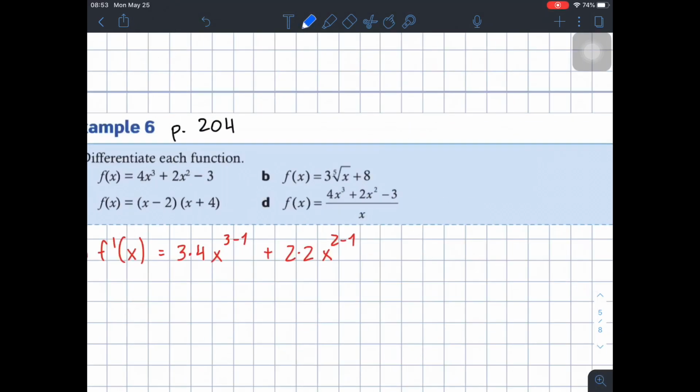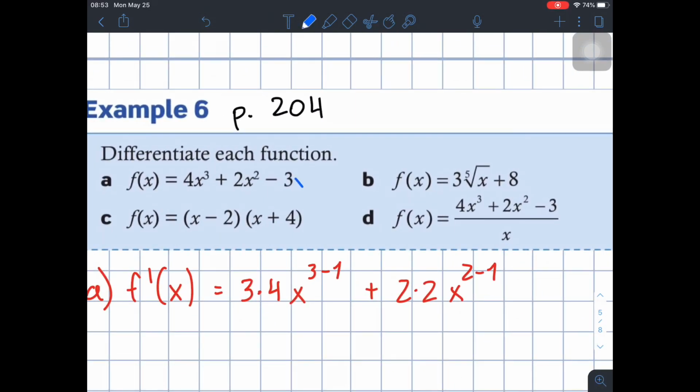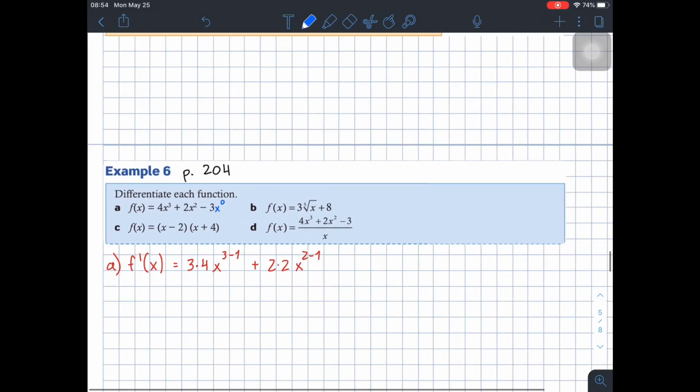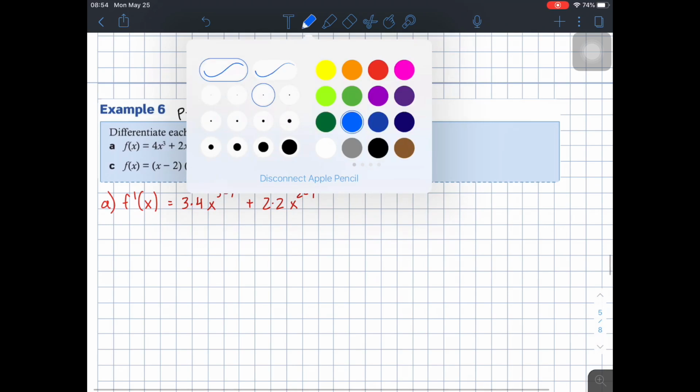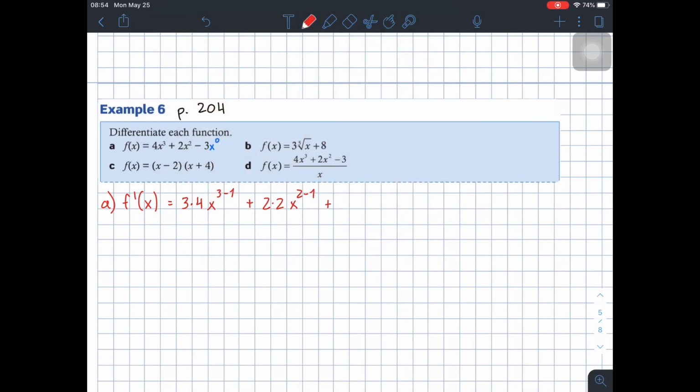If you want, you can write this as x to the power of 0, and you'll realize that when you take this down, you're going to have 3 times 0, which is 0, right? I can write that here, but you don't need to. But as I'm showing all the steps, this is plus 3 times 0 times x to the power of 0 minus 1, right?